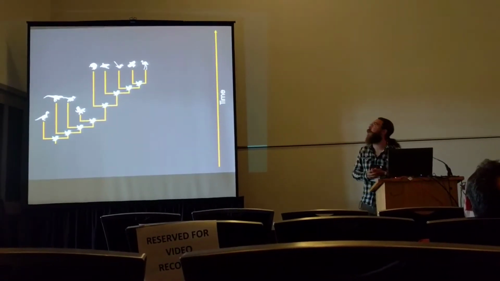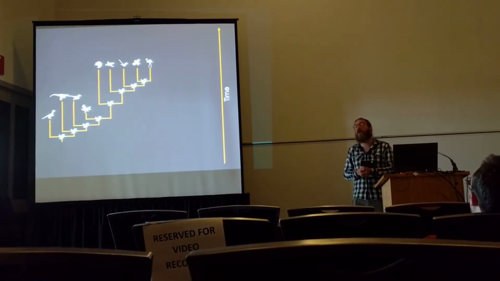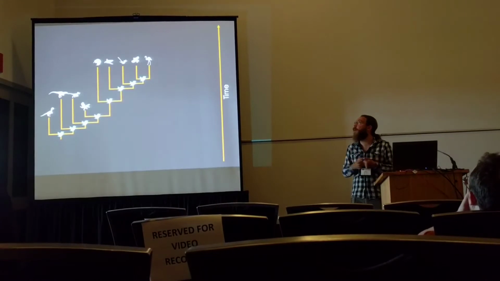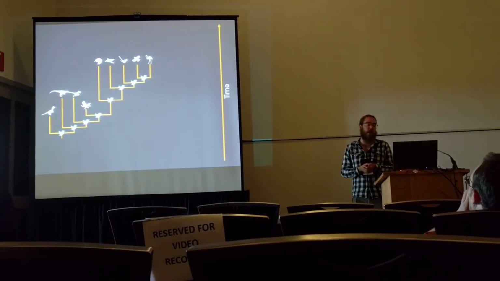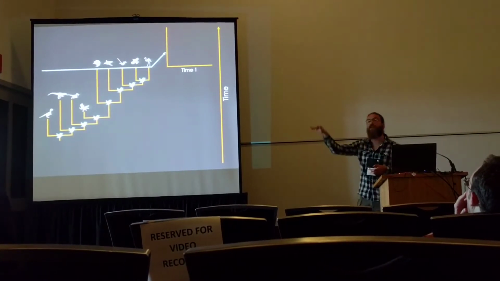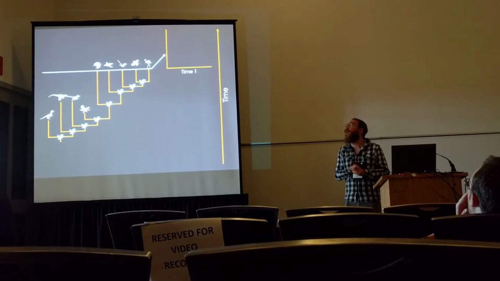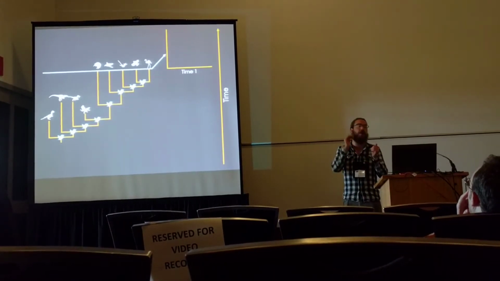And so yeah, using this tree and this matrix with the new data, I propose a kind of new time slicing method, where once you have your tree, you can decide to slice through your tree to have basically an instant snapshot of diversity at the time where you slice it.